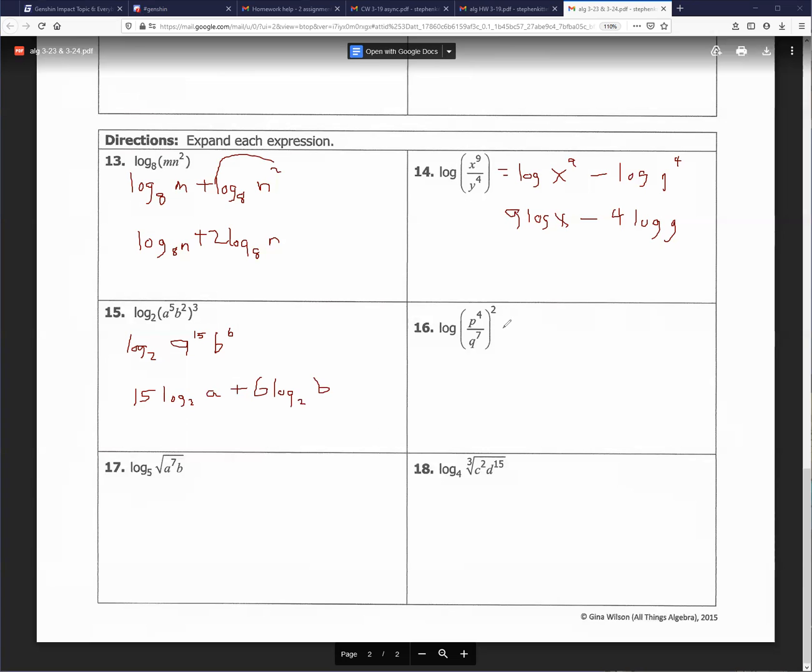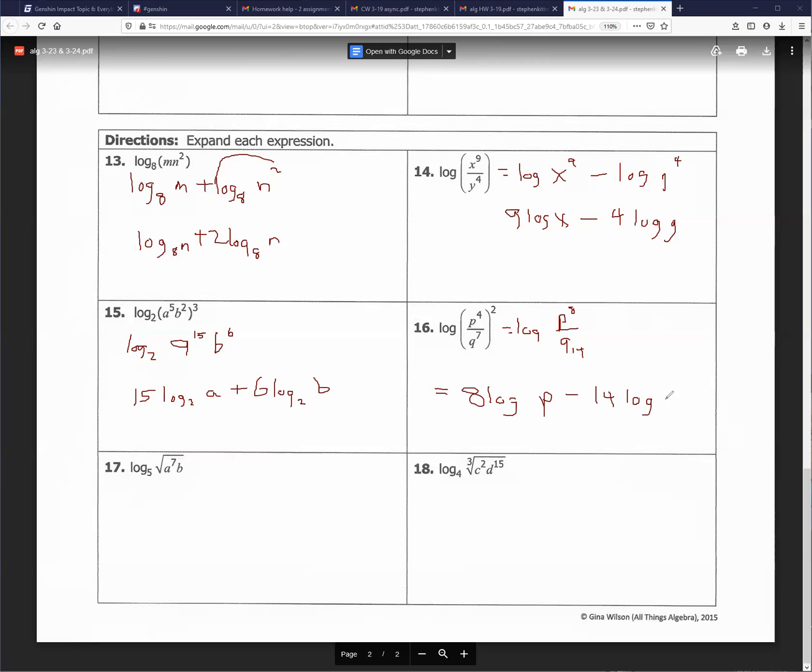All right, this is the same thing as log of p to the 8th over q to the 14th. So this is going to be a subtraction between these. And then when we bring the powers out front, we have 8 log p minus 14 log q.